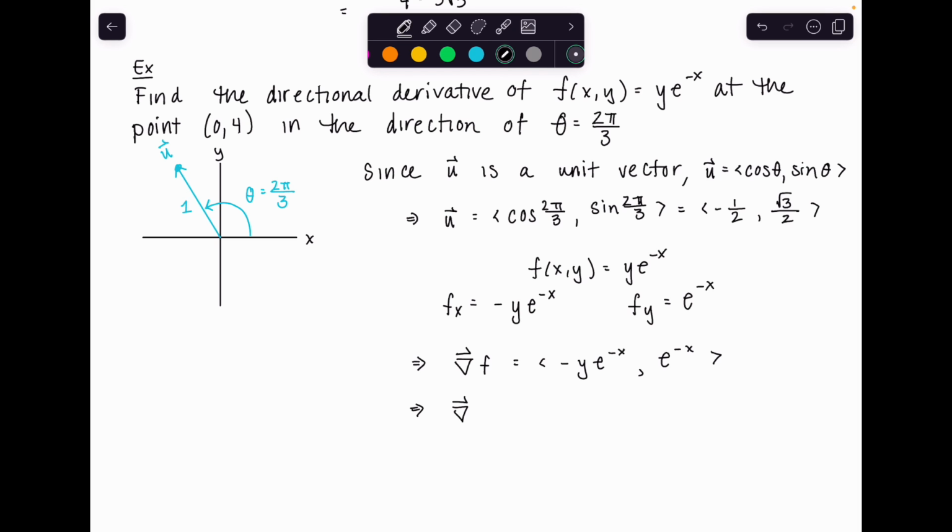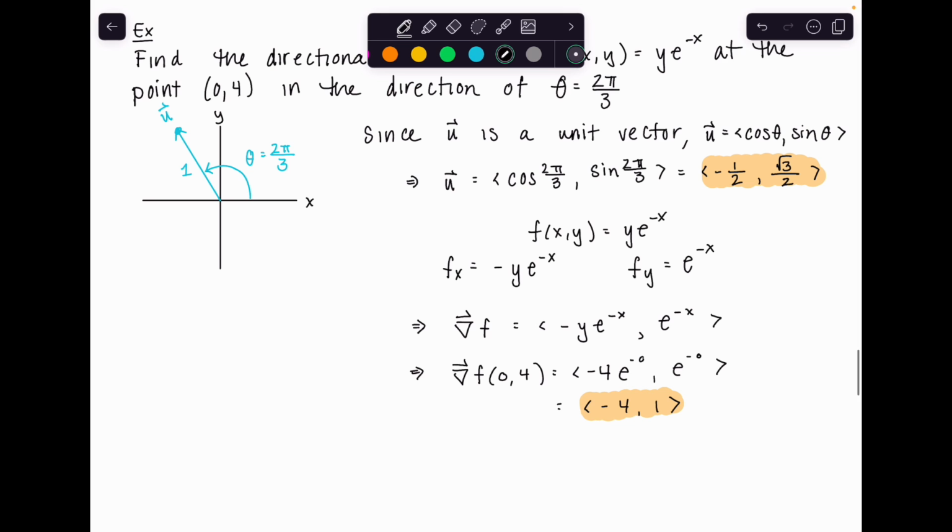And then evaluating this at the point (0, 4), y gets replaced by 4, x gets replaced by 0. So this ends up just being (negative 4, 1). So I have my gradient at that point. I have my direction vector.